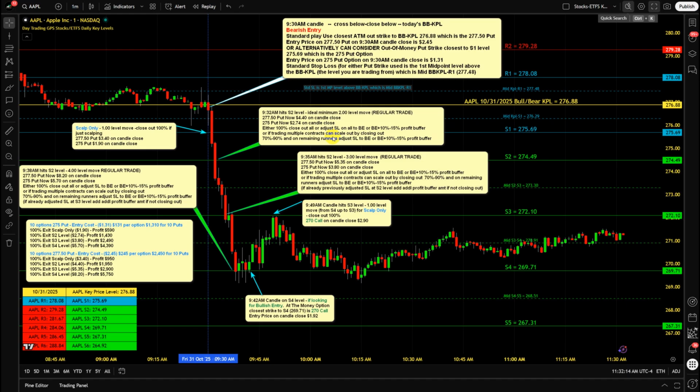So for example, if we're just moving our stop loss to break even on the 277.50 puts, then our break even is what we paid, $2.45. If we're doing it on the 275s, it's $1.31.